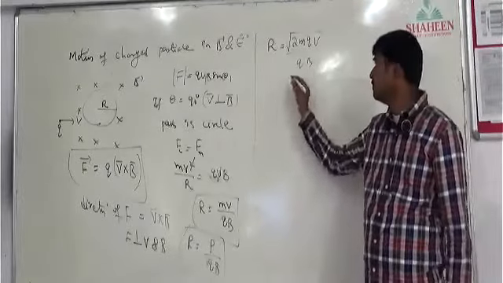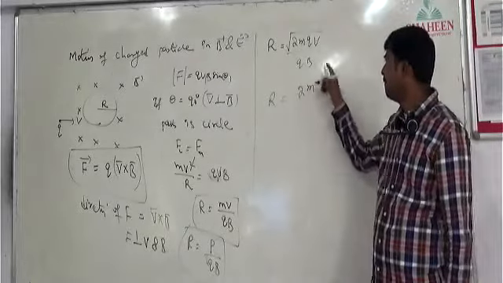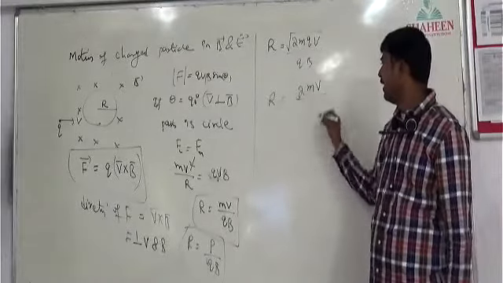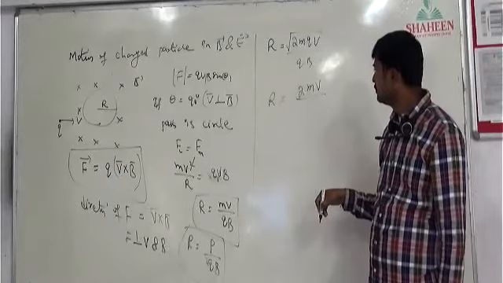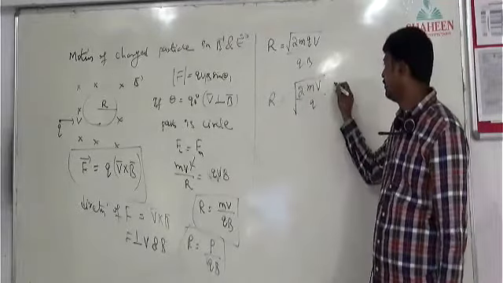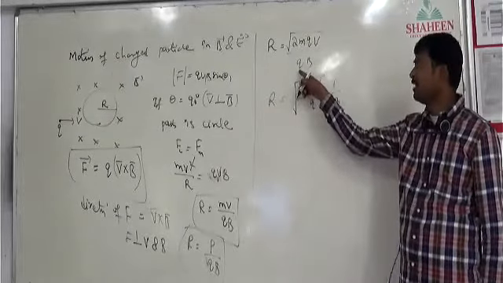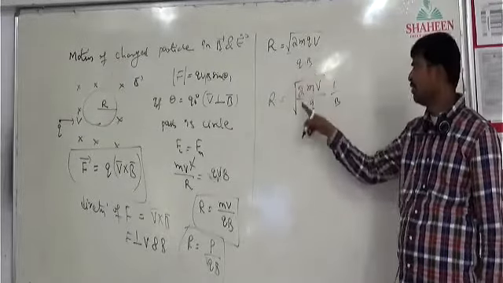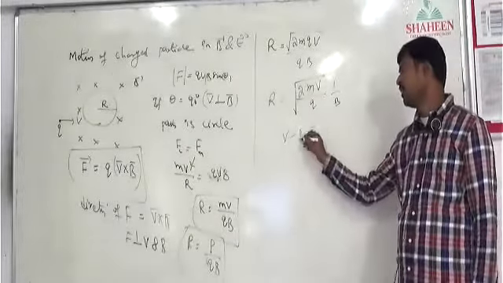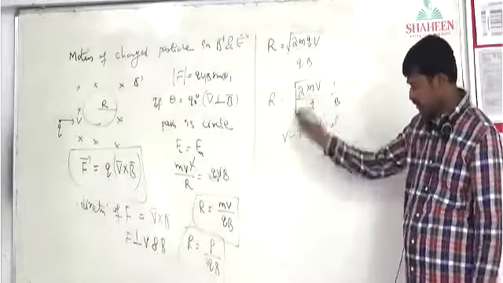So r can be written as root of 2mV by Q into 1 by B. Root Q can be written as root Q into root Q, so one root cancels out. V is not velocity here, it is the potential, the accelerating potential. Clear? So these are different formulas to find the radius.